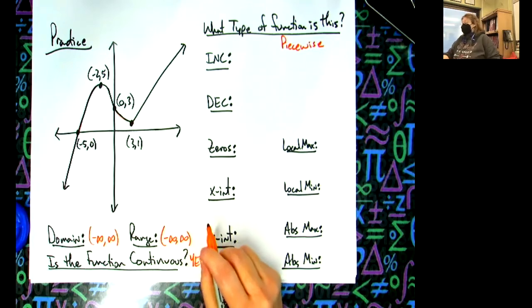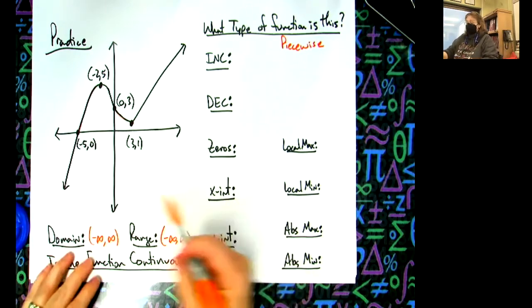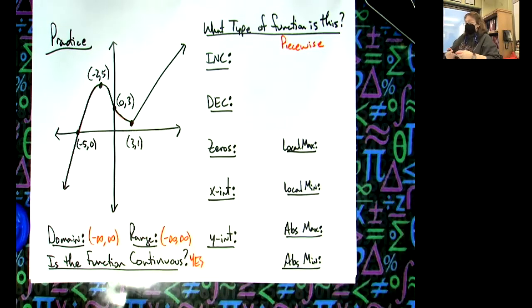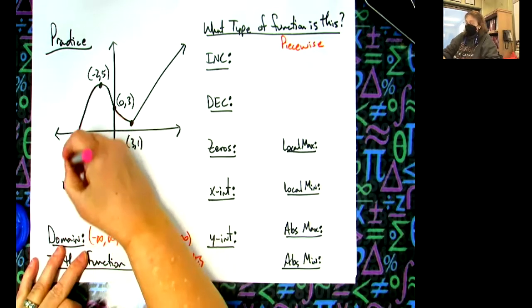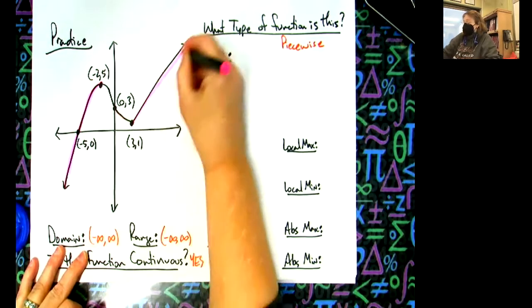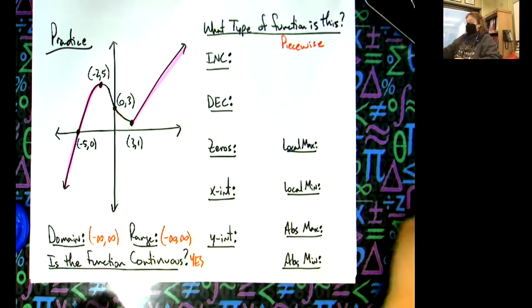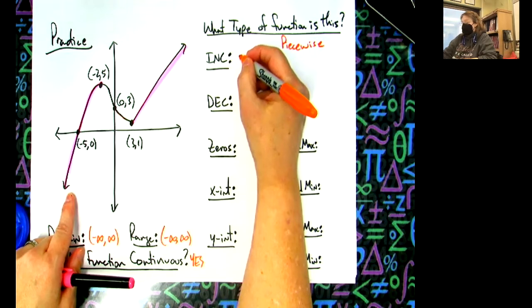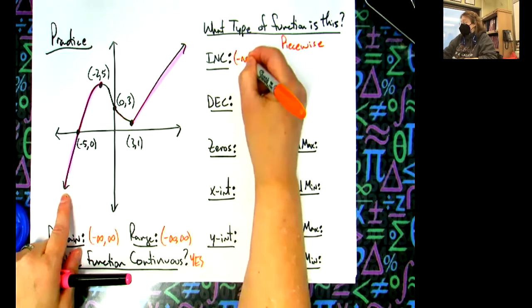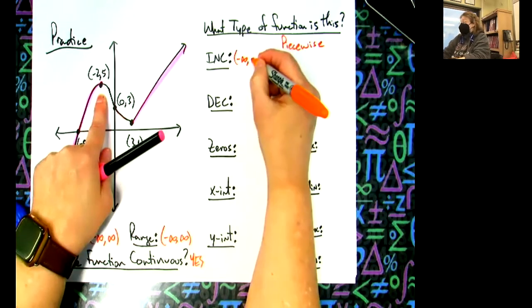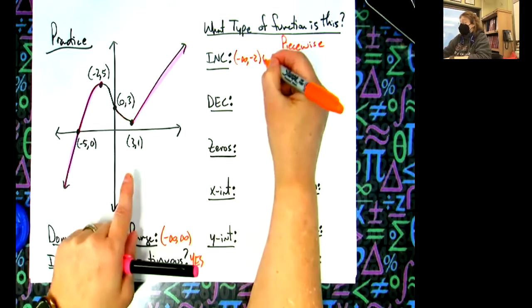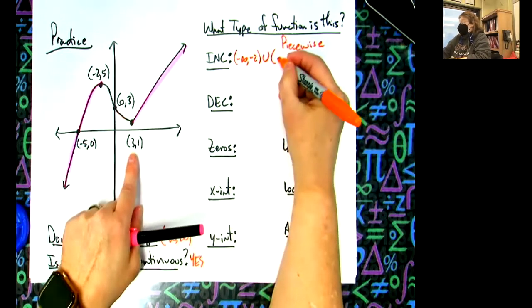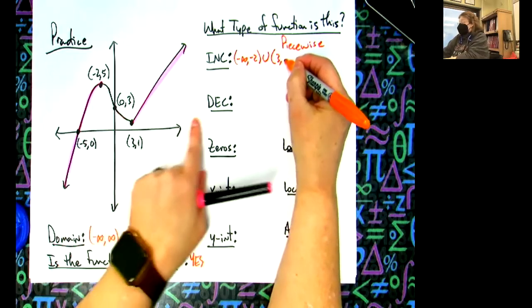All right, increasing intervals. If we color code this a little bit, I'm increasing all here and I'm increasing here. Hopefully increasing was easy for you to grasp. I use curly brackets always, and I use x values. So negative infinity all the way up to my x value of -2, a union, start back at my x value of 3 and goes all the way to infinity.